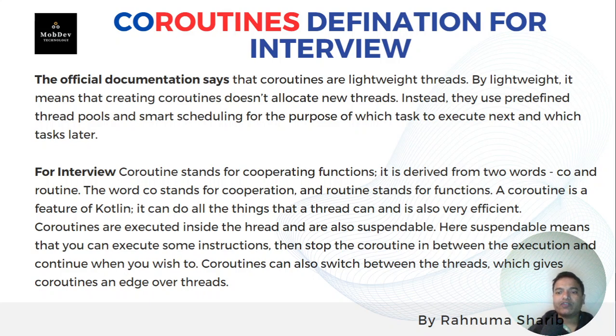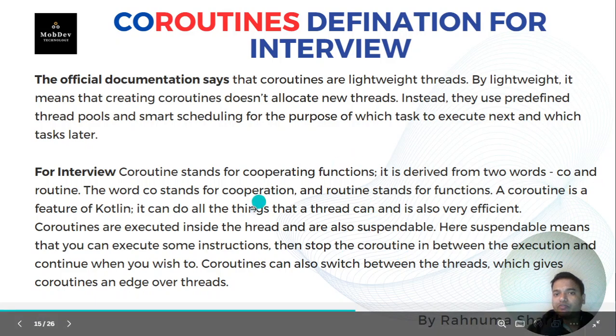And why it is lightweight, I already explained: because we do not need to create a lot of threads. Thousands of coroutines can be handled within a thread, and it can do the same things for you that a thread does. So this is the reason why it is the same as a thread, how it is lightweight, and how it is beneficial for us. It will cover all those three points.